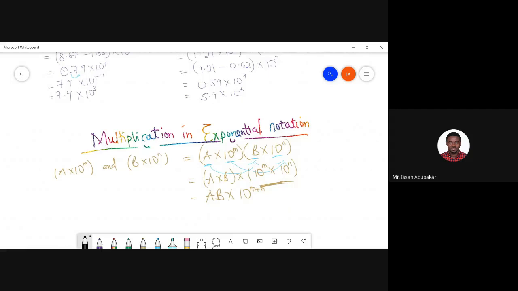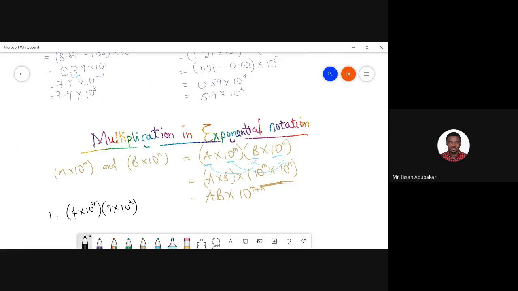So number one, I'm asked to simplify 4 multiplied by 10 power 7 and 9 multiplied by 10 power 2. Now, one thing that I want you to put in mind is that addition and subtraction are the same.